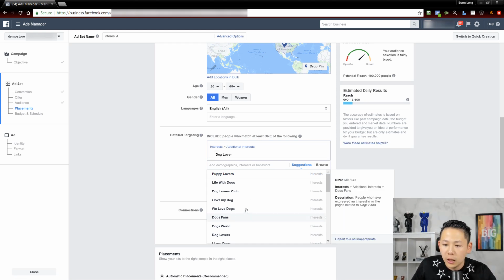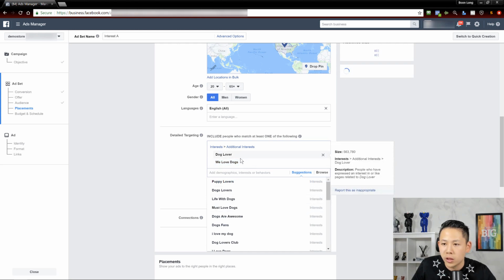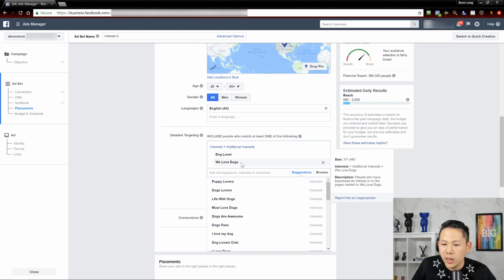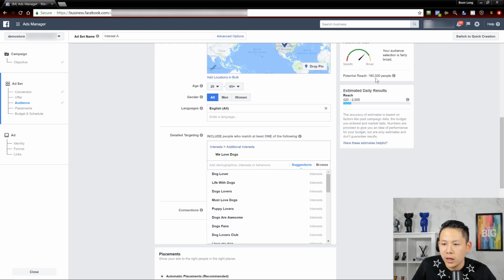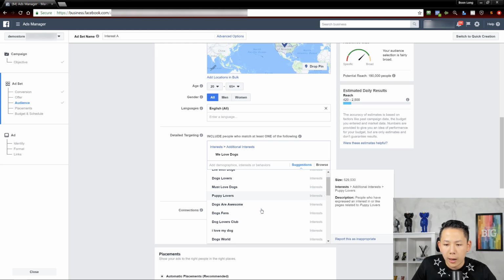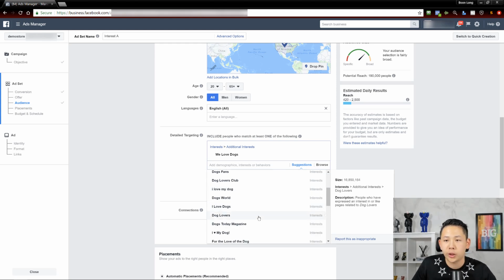There are a lot of really interesting ad sets. Another one, we love dogs, is around 150K to 190K. Trust me, there are a lot of really small and good interest groups out there, with passionate people.